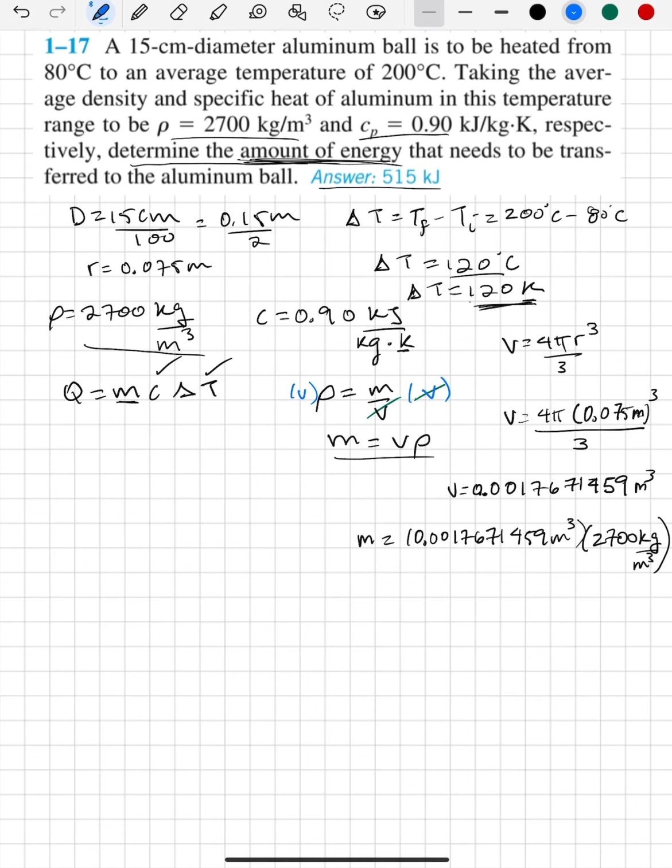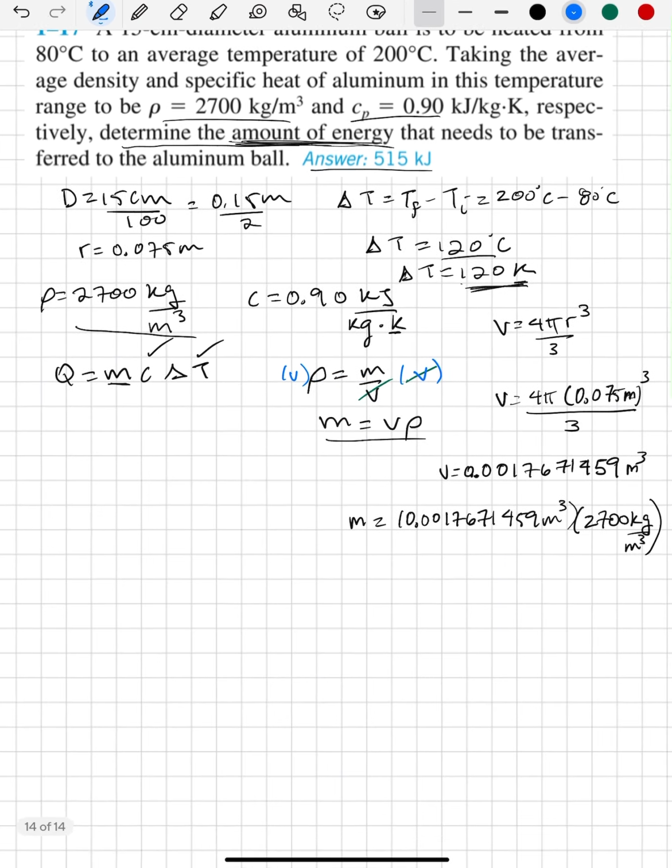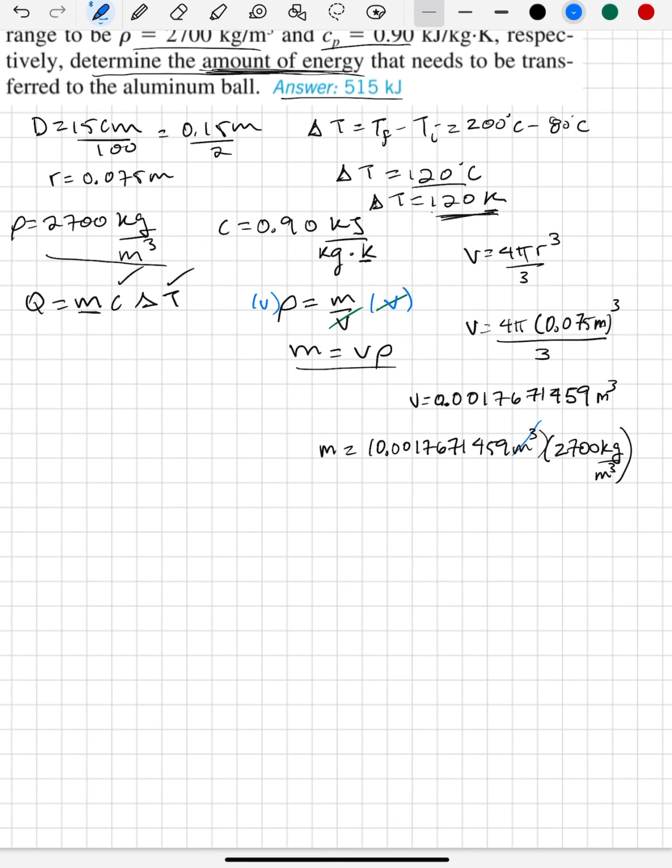Now what happens here is that the units cancel, meters cubed cancel out, and I end up with kilograms, which is what I want. Again, plug that into the calculator.